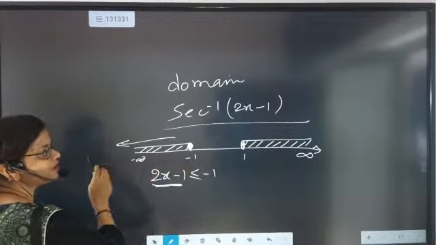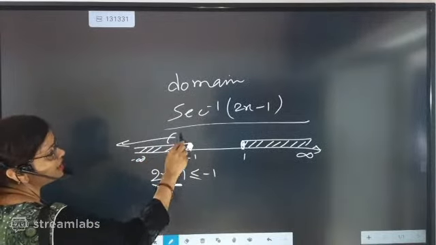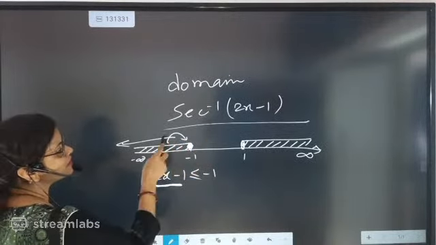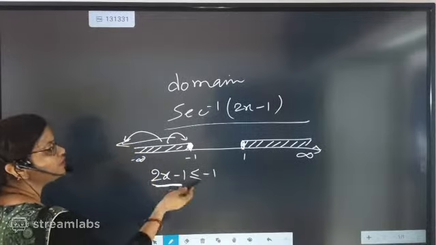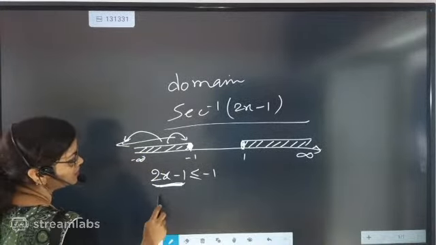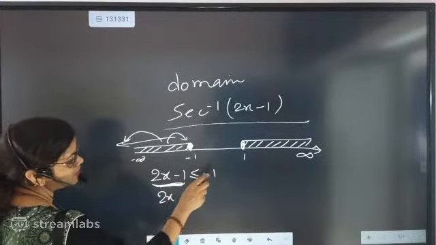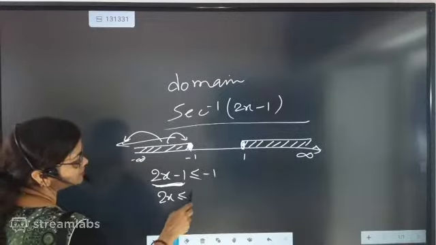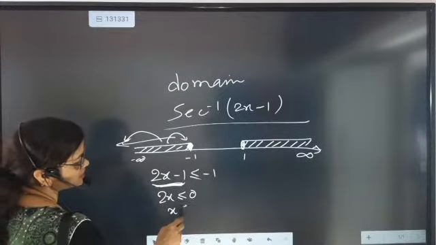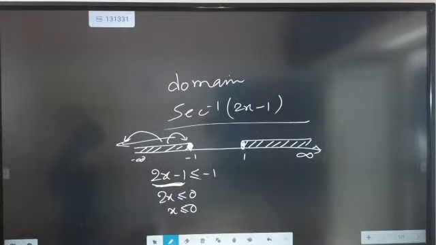When we go right the value becomes greater, when we go left the value becomes lesser. So 2x minus 1 will be less than -1. Add 1 to both sides, it becomes 0. So x is less than or equal to 0.